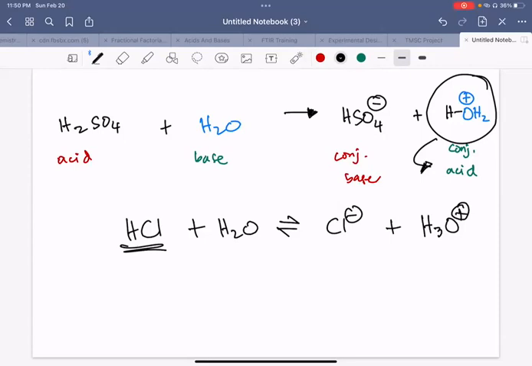This is called the solvent leveling effect. So it's very important that you know this.